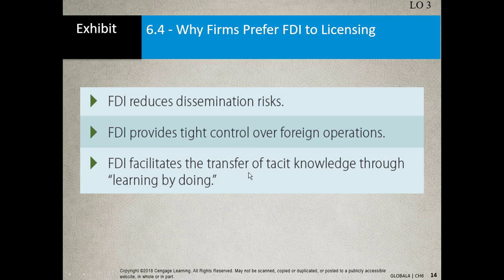FDI facilitates the transfer of tacit knowledge through learning by doing. Tacit knowledge is fascinating. It's a little bit tricky to wrap your head around because it's not super tangible. You have two types of knowledge, right? You're going to have explicit knowledge and tacit knowledge. Explicit knowledge is super easy, it's codifiable, right?